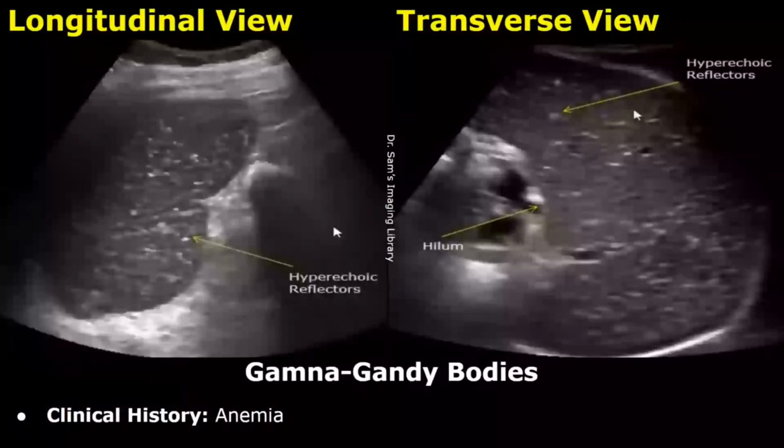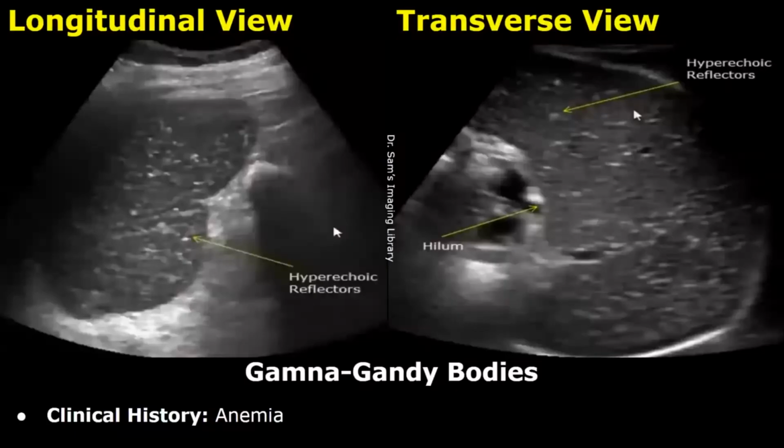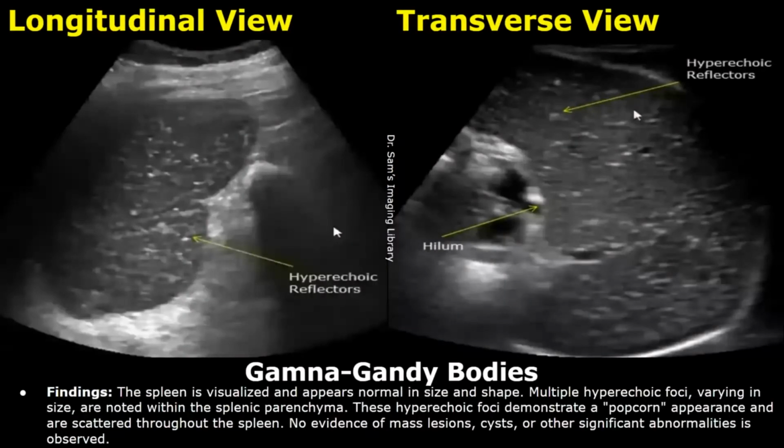This is a case of Gamna-Gandy bodies. The clinical history was anemia. In the findings, there are multiple hyperechoic foci which demonstrate a popcorn appearance and are scattered throughout the spleen.